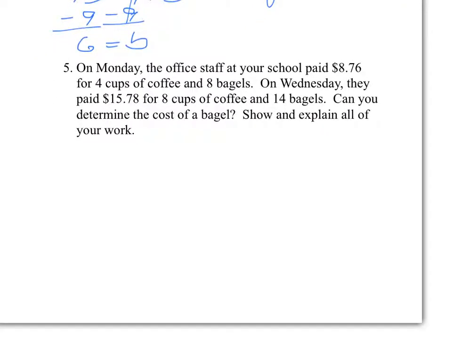For problem 5 and 6, these are our linear system word problems, so you have to get two equations. So we're looking at Monday and Wednesday. So I'm going to have an equation for Monday. On Monday, we bought 4 cups of coffee plus 8 bagels, and it cost us $8.76. 4 times however much the cup of coffee was, plus 8 times however much one bagel was, gave us the total of $8.76.